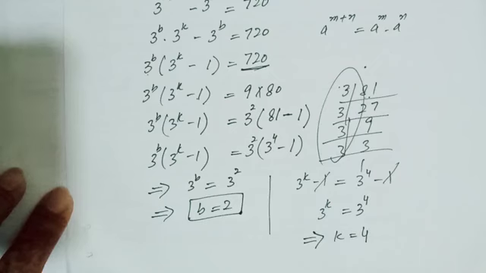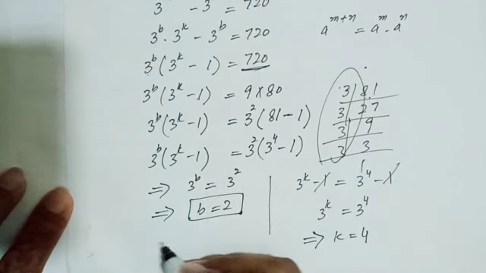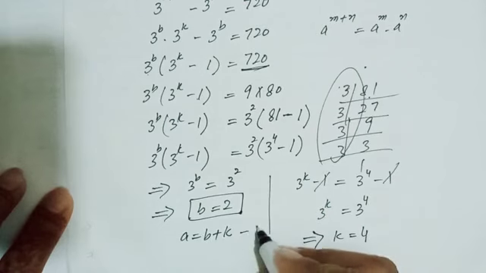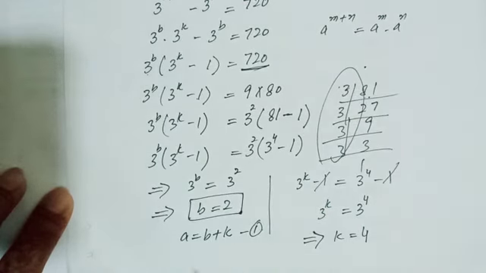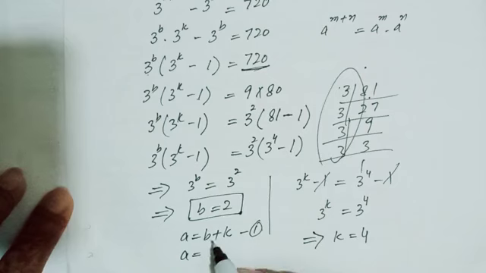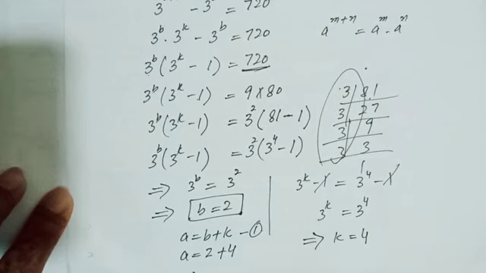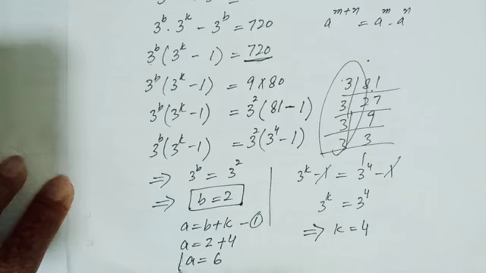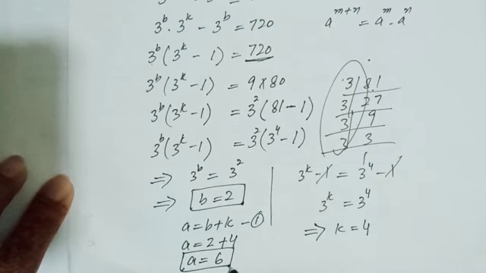So from here I can find the value of a by putting the values in the equation, that is a is equal to b plus k, that is equation number 1. So I have the two values, that is b is 2 and k is 4. So here a is equal to 6. So I have the three values a, b and k.